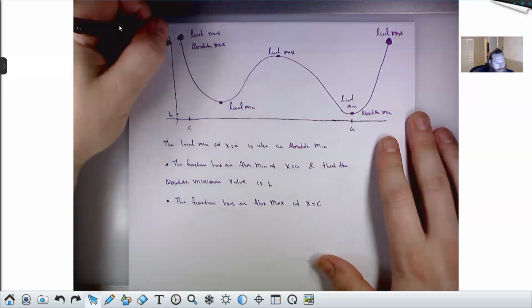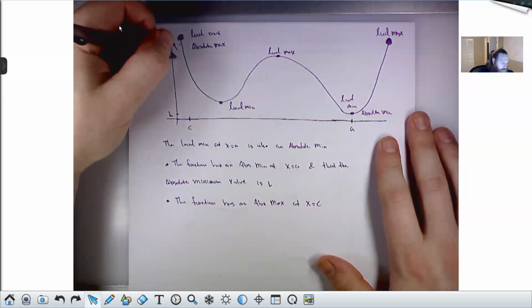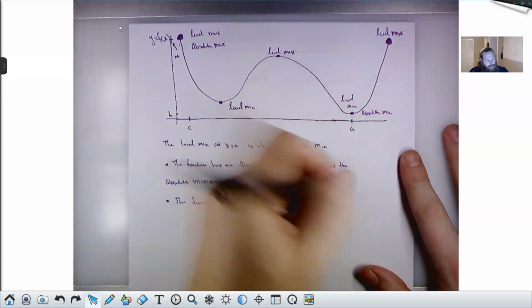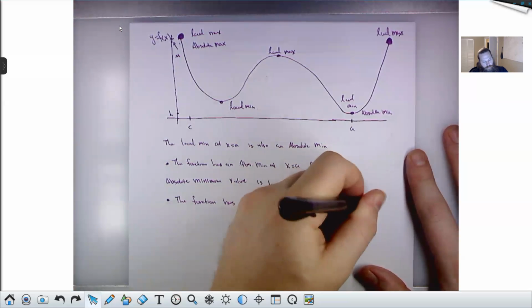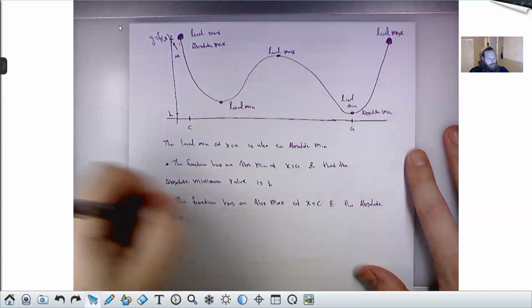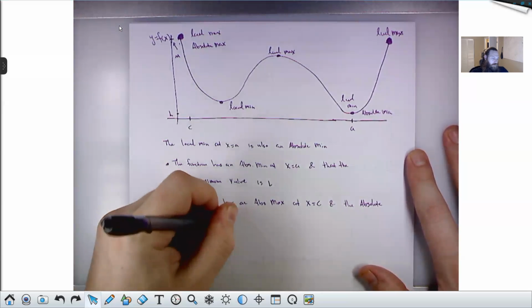And I haven't labeled the max value here, but if the y value up there was, say, m, then we would say the absolute max value is m.